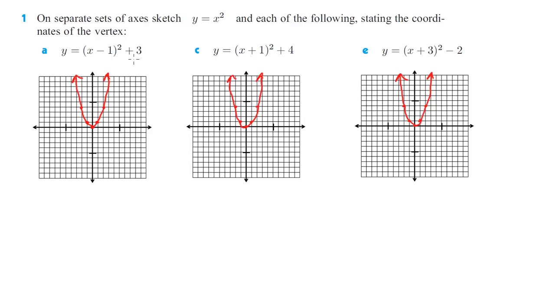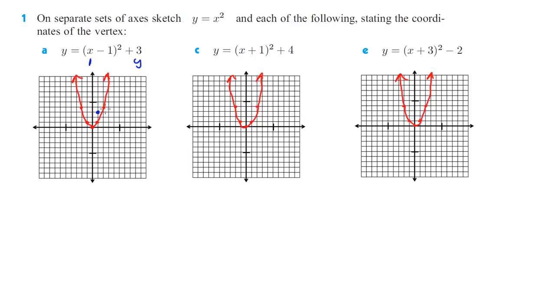Now again, if we learn from what we did on the previous couple problems, we know that x minus 1 gives us 0 when x is 1. And then our y is changing to 3. So basically think of this as x is 1 and y is 3. So that's the new vertex. So at 1, 3, here's the new vertex because everything got shifted to the right 1 and then up 3.